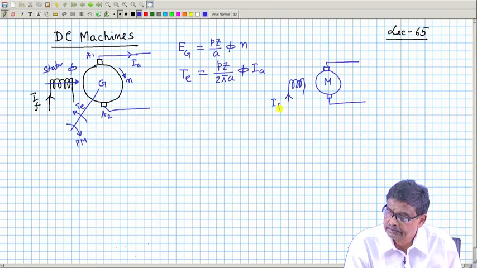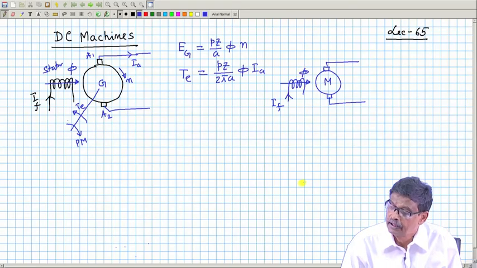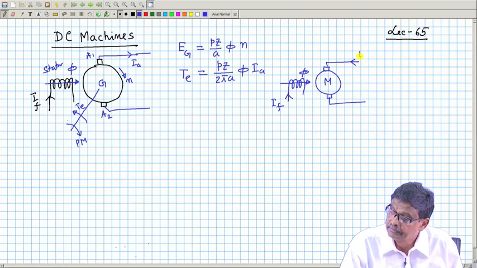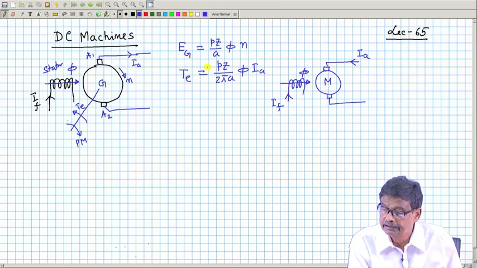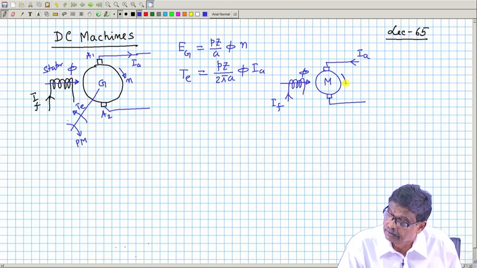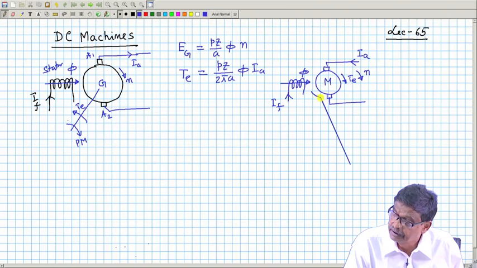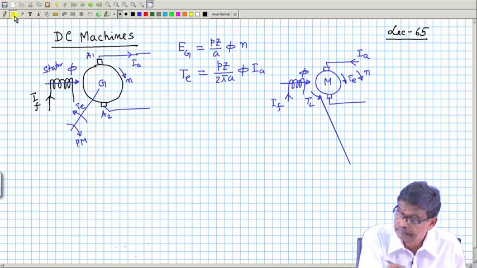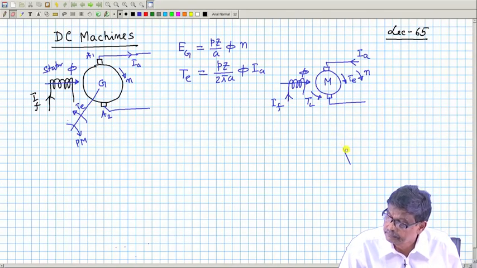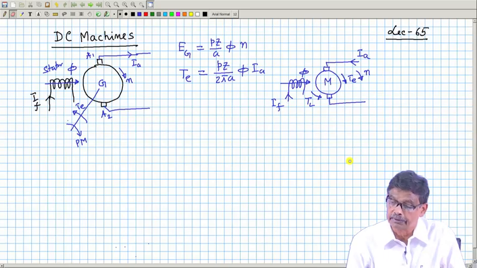If you excite this, there will be field here, flux per pole produced, and the armature current, if it is IA, then this will develop the torque, electromagnetic torque, and electromagnetic torque will decide the direction of rotation, and opposing load torque will be in the opposite direction, that is TL, like this. Got the point? Always remember this thing.